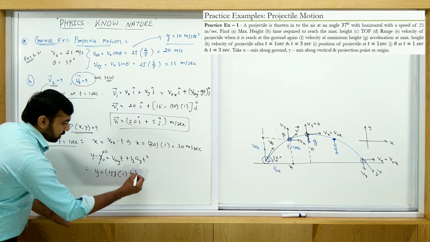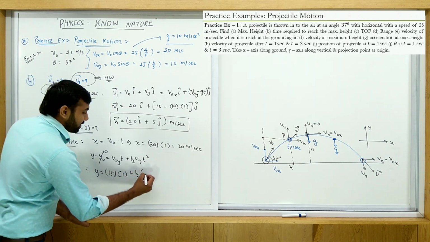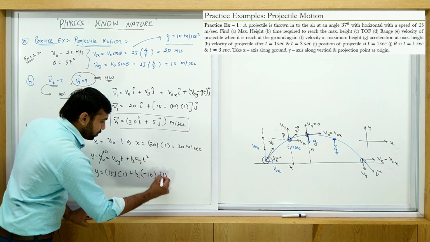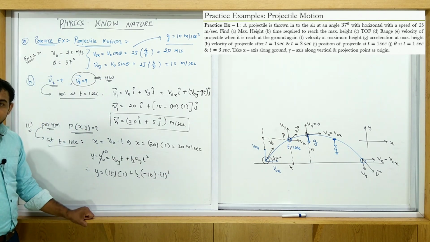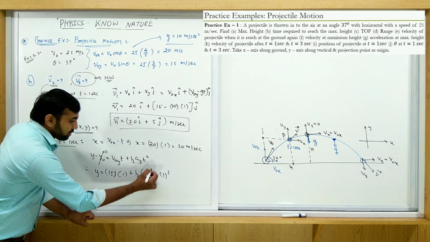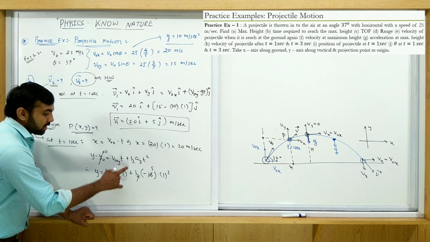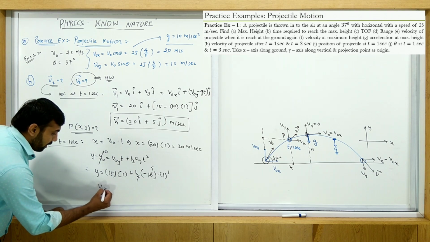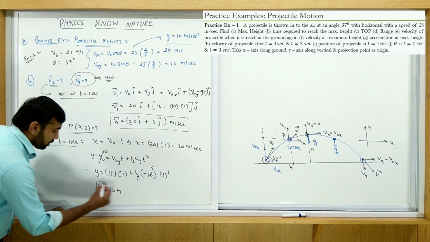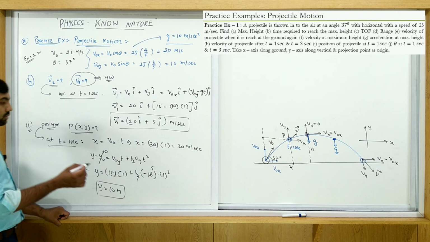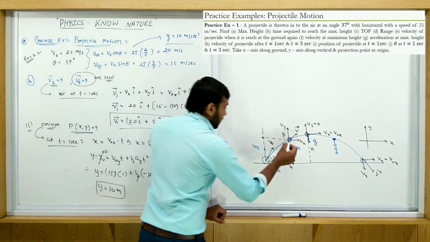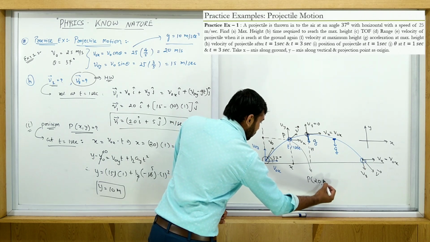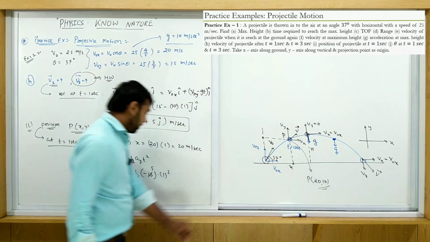So 15 times 1 plus 1/2 times a y, the acceleration along the y direction, which is minus g, minus 10, into 1 square. If anything cancels, cancel it. So 15 minus 5, which is 10. So y is equal to 10 meter. Then how do we use this point? This point gives us P (20, 10) meter.